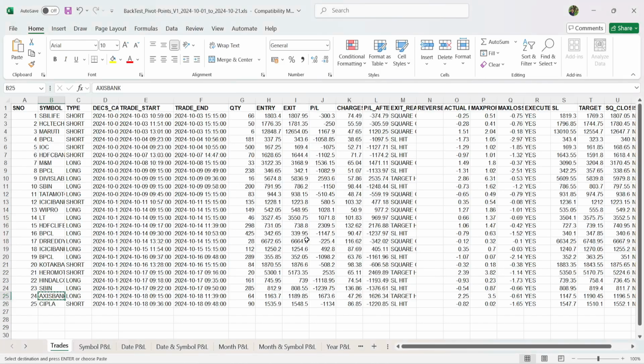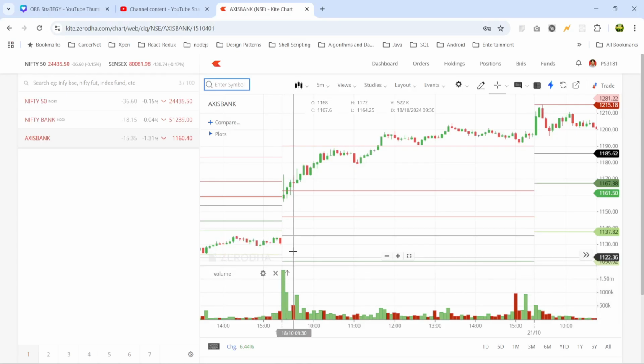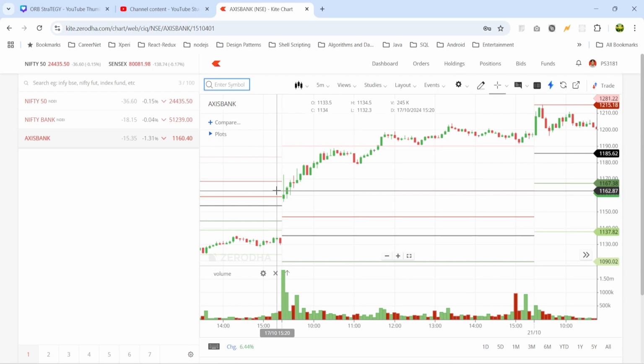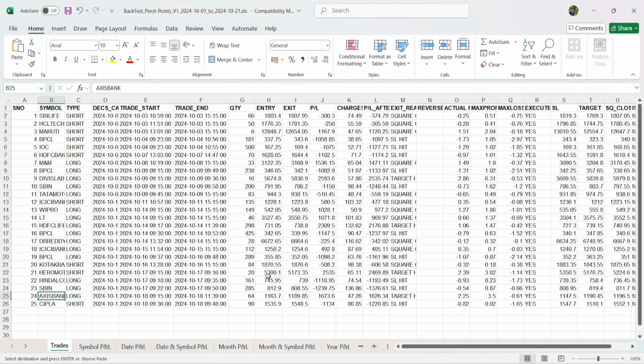Okay, so it's a long trade. It happened as soon as the market opened, at 9:50 in the first minute itself, with a price of 1163.7. That is nothing but a resistance 2 breakout. Let's check. See, here is the pivot point, this is R1, and this is R2, approximately around 1163, correct? So we entered the trade at 1163.7 with a quantity of 64.